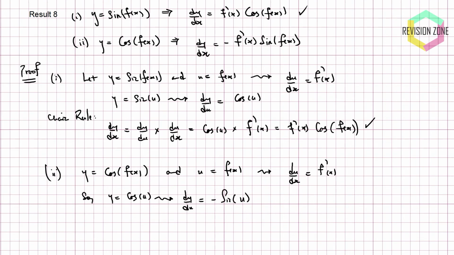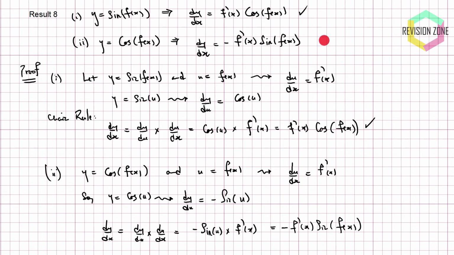Then by the chain rule, it's dy by du times du by dx, which is minus sine u times f prime of x. Tidying this up, we end up with minus f prime of x times sine of f of x, which is exactly what we wanted to show. So we have that here. We give ourselves a tick and move on to the next result.